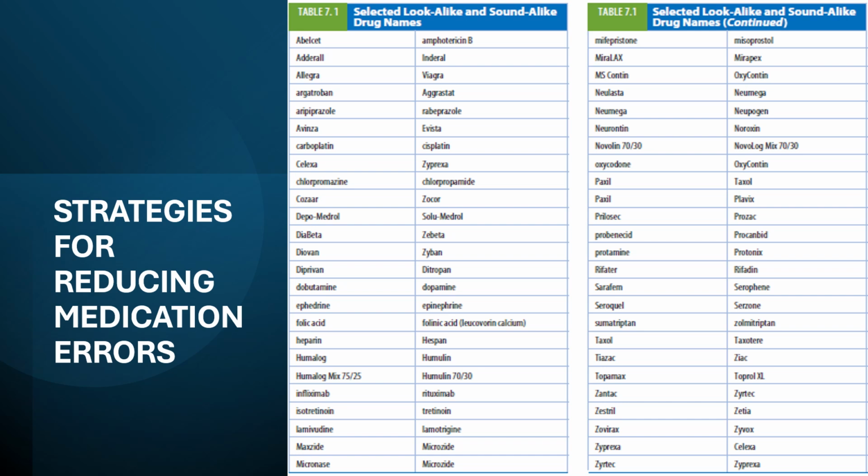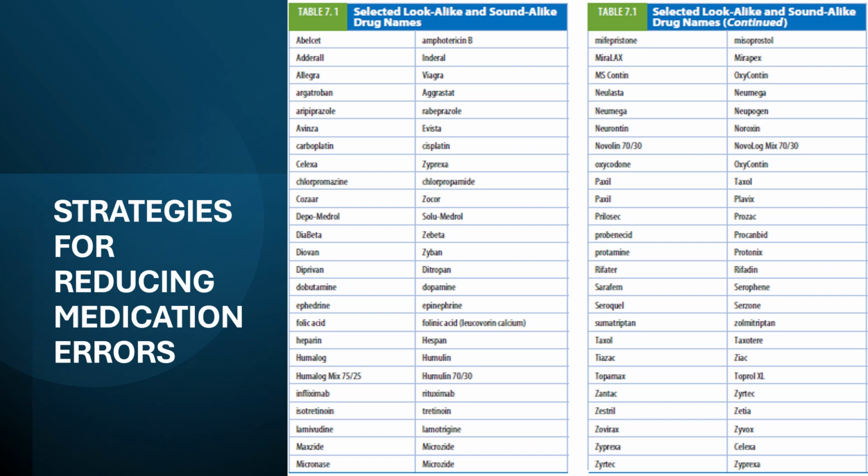Next, be alert for drugs whose names look alike and sound alike. When the names are written in a hurry or given over the phone, such drugs may be easily mistaken and cause a medication error. A selected list of look-alike and sound-alike drugs can be seen in the table, such as mifepristone and misoprostol.